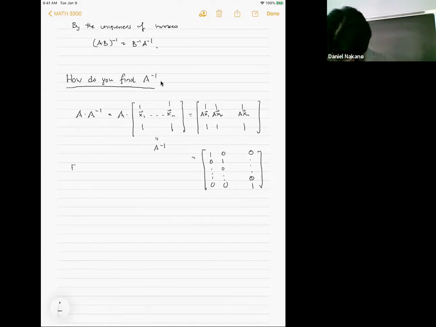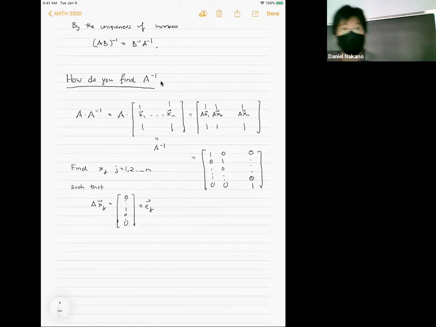So we want to find xj, j equals 1, 2 up to n, such that A times xj is equal to the unit vector ej. Right? So it's a vector with ones in the j spot and zeros everywhere else.